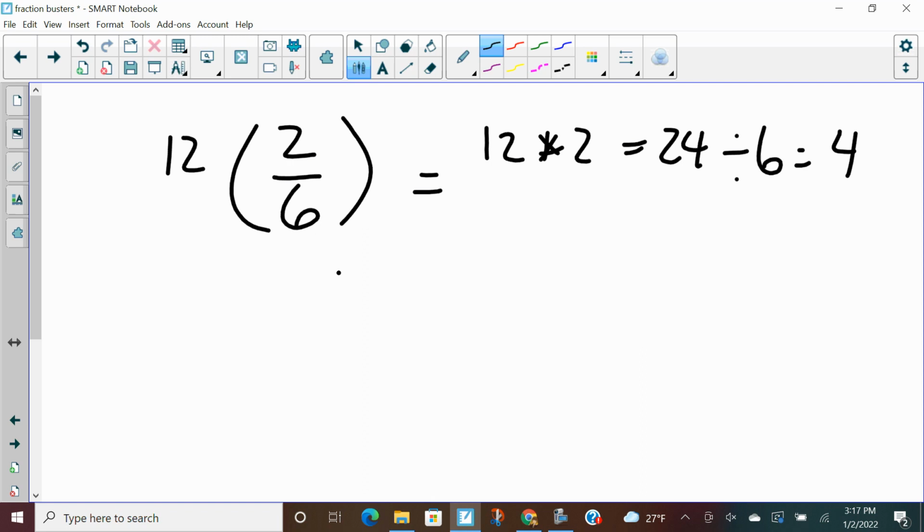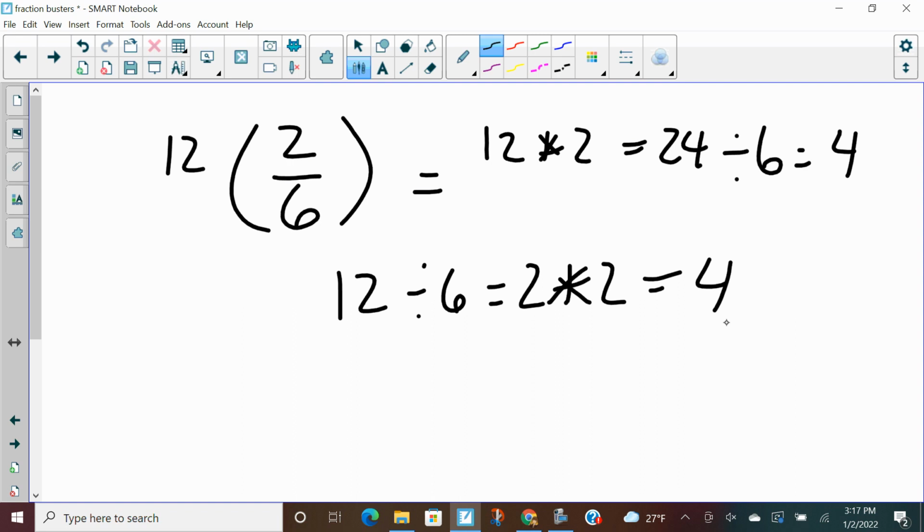However, if I did 12 divided by 6, which is 2, times 2, that's actually a little bit quicker, especially when the fractions end up being like 8, and you have to do 12 times 8. I'd rather do 12 divided by 6 times 8 than 12 times 8 divided by 6. I'm still going to get the same number in the end. I just want to make sure I do it in the quickest fashion.